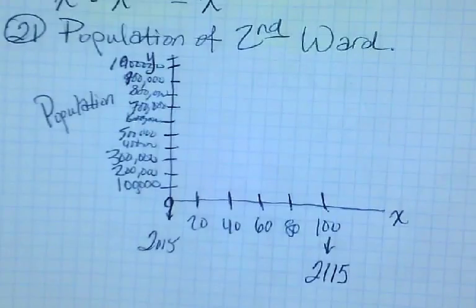Ballpark, do you think it's 1 million? Do you think it's about half that? Less than half. Okay, so less than half a million. That's about 250,000. So let's say that the population in our neighborhood right now is 250,000.